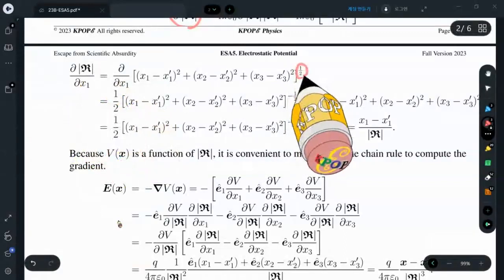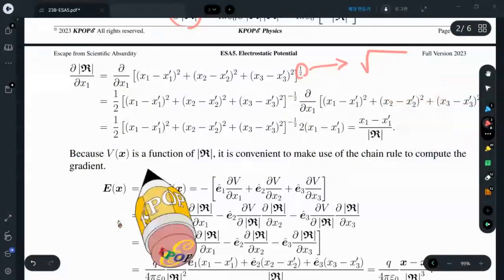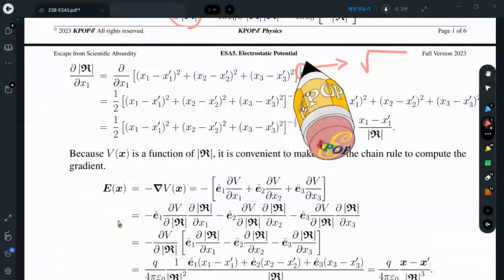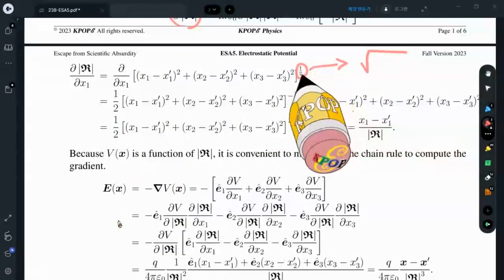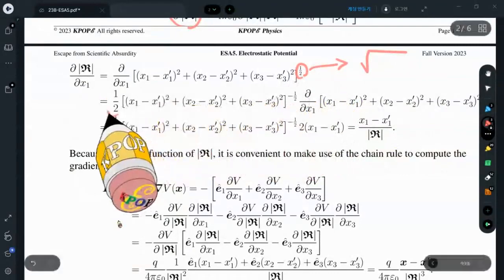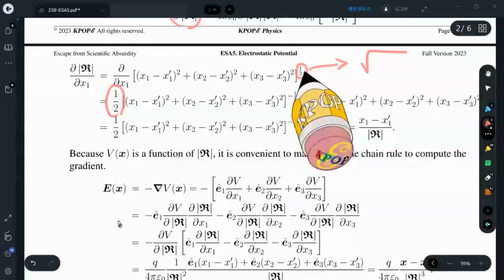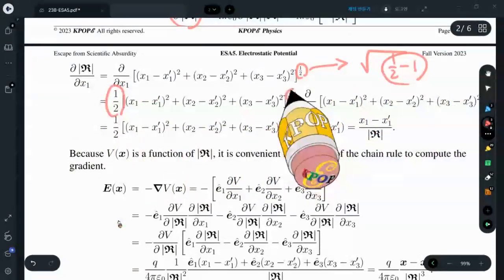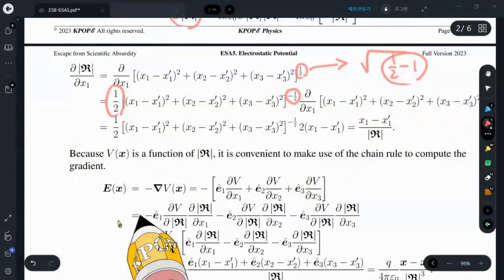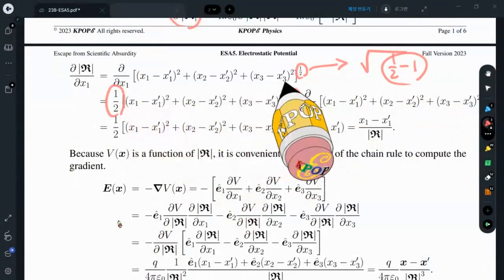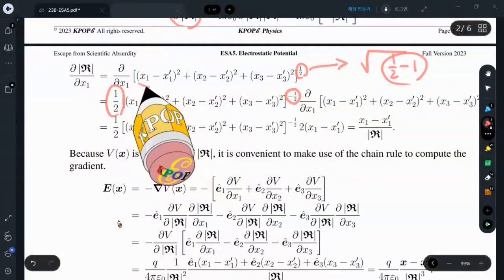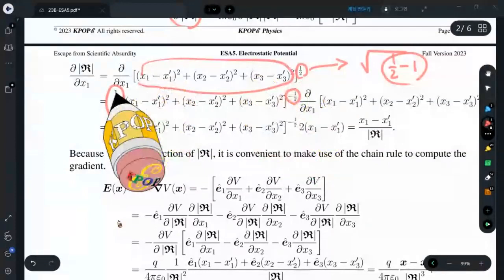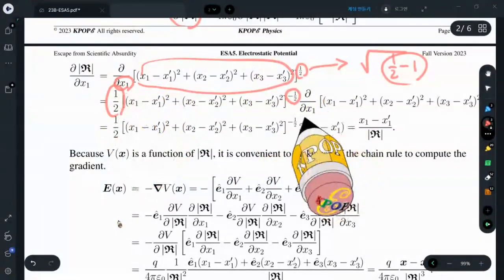This is the power 1/2, which represents the square root. We take the derivative, and since something's power is 1/2, we bring in this 1/2, and 1/2 minus 1 will be the new power. So it becomes minus 1/2. Inside is kept the same. We make use of the chain rule. So what we want to do is to take the derivative of the inside with respect to x1.